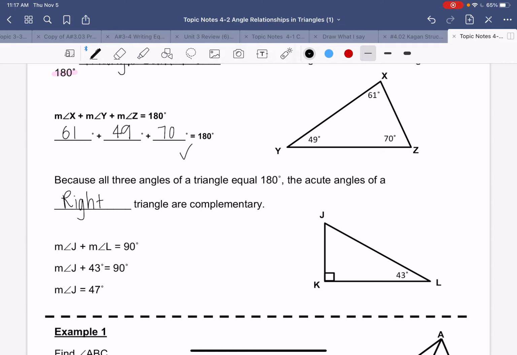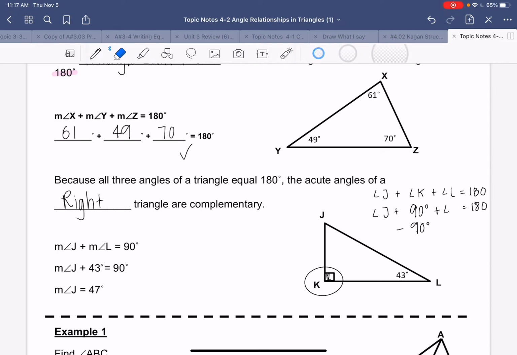If angle J plus angle K plus angle L equals 180 degrees, and angle K is 90 degrees, when I subtract that 90, angle J plus angle L equals 90 degrees, which means complementary.